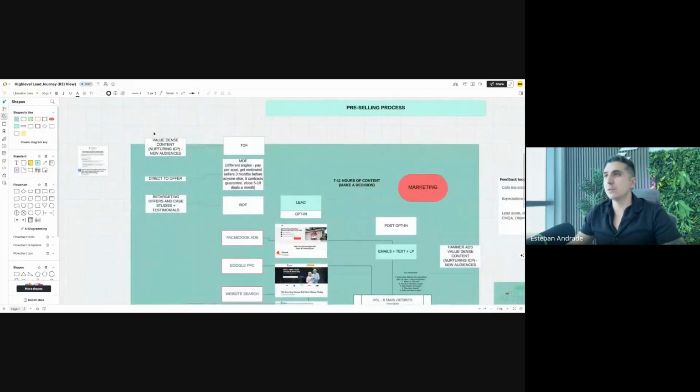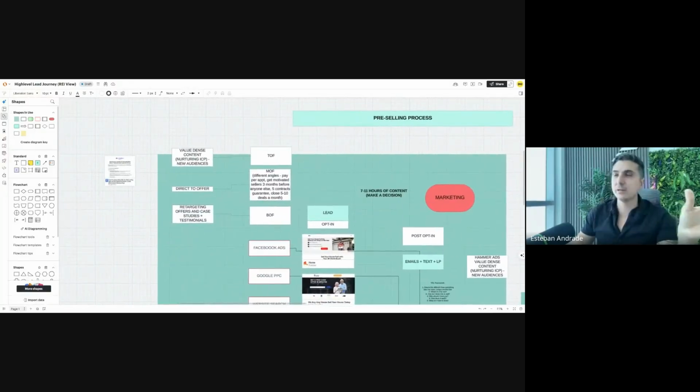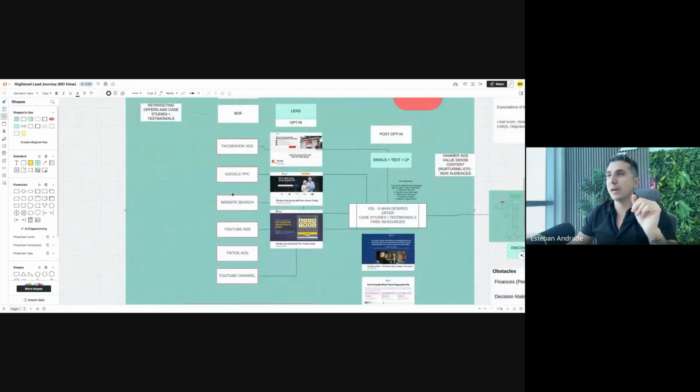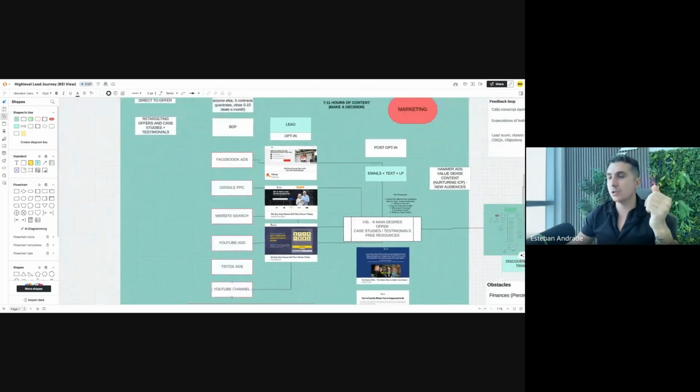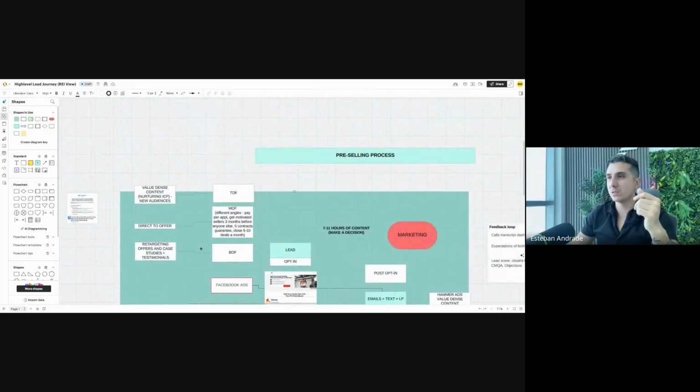So just assume that the left side, all the way to the left, they haven't sold, they barely know about you, and they just heard about you, and somehow you got to be able to earn their trust. People that just come in from either Facebook ads, Google PPC, website search, YouTube ads, TikTok ads, YouTube channel, you name it, even direct mail, you name it, they go through a specific process.